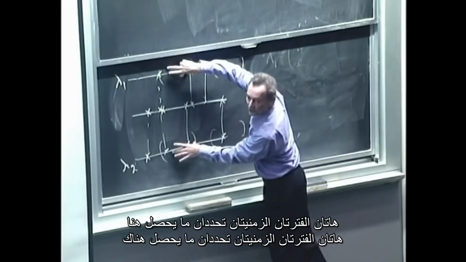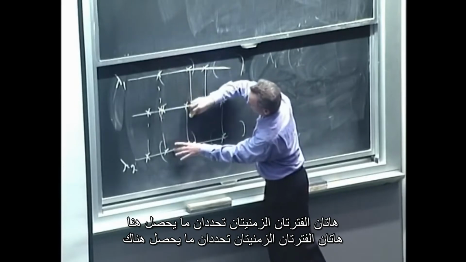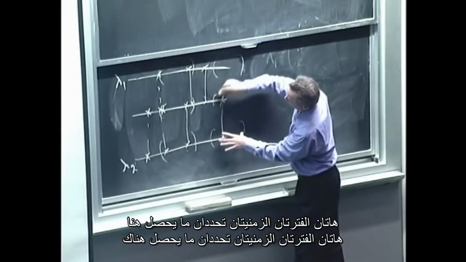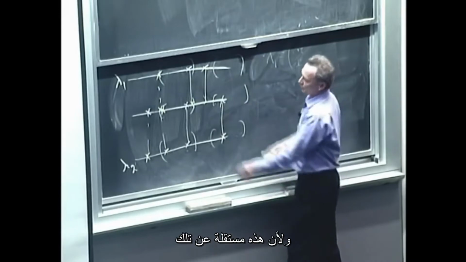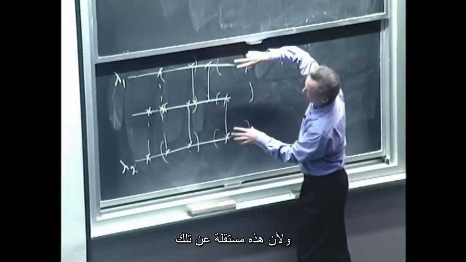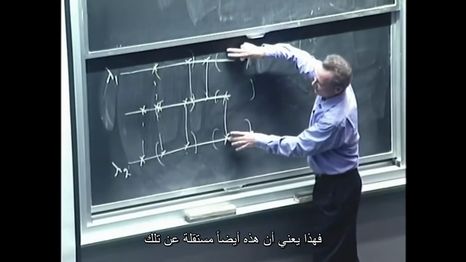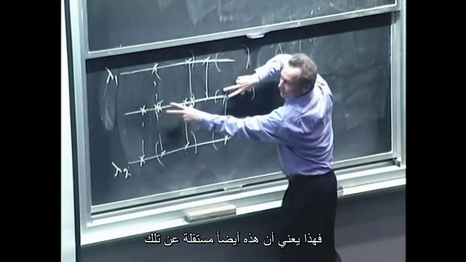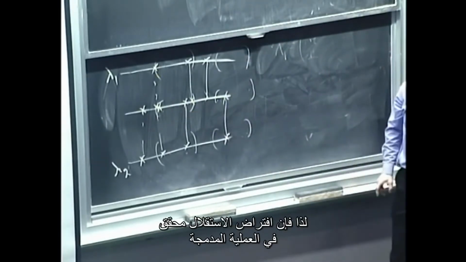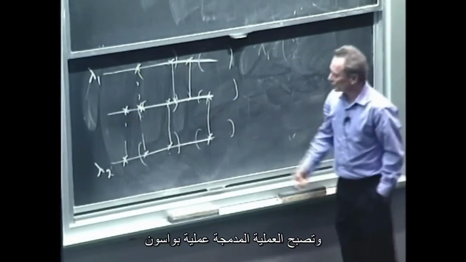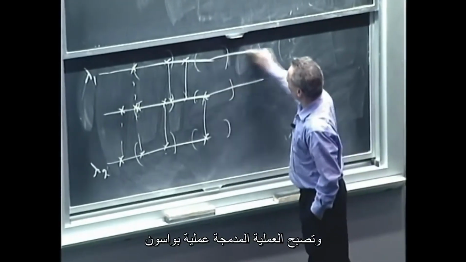These two time intervals determine what happens here. These two time intervals determine what happens there. So because these are independent from these, this means that this is also independent from that. So the independence assumption is satisfied for the merged process. And the merged process turns out to be a Poisson process.